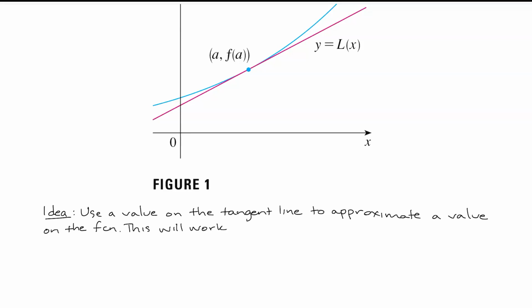Now, as you can see in the picture, and I'll mark that up in a minute, this is going to work well if we stay close to the point of tangency.